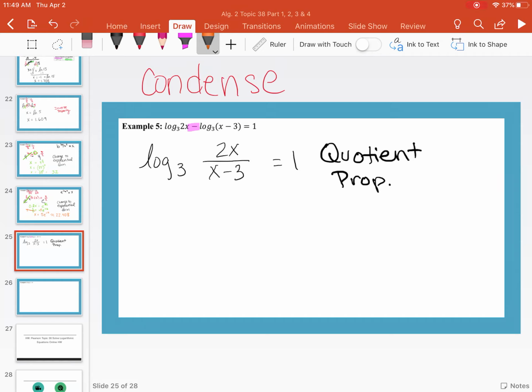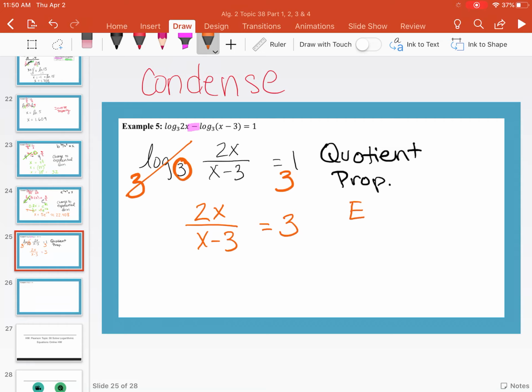Now notice here, I have my base of 3. I want to get x alone. So I'm going to be using the inverse property and exponentiate both sides. So my base is going to be 3. The left-hand side cancels, and we're just left with 2x over x minus 3 equals 3 to the first, or just 3.